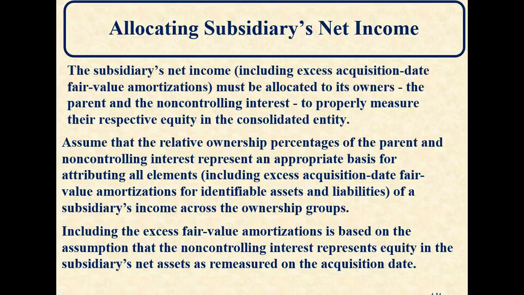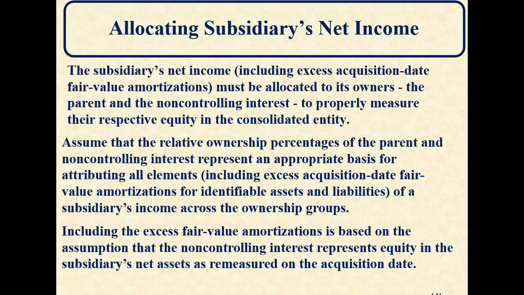So basically here, the subsidiary's net income, we own 90% of it, but the subsidiary's net income will have to include excess acquisition date amortizations. Remember, what extra we pay, we have to amortize it. In this case, we've got goodwill, and that can't be amortized.